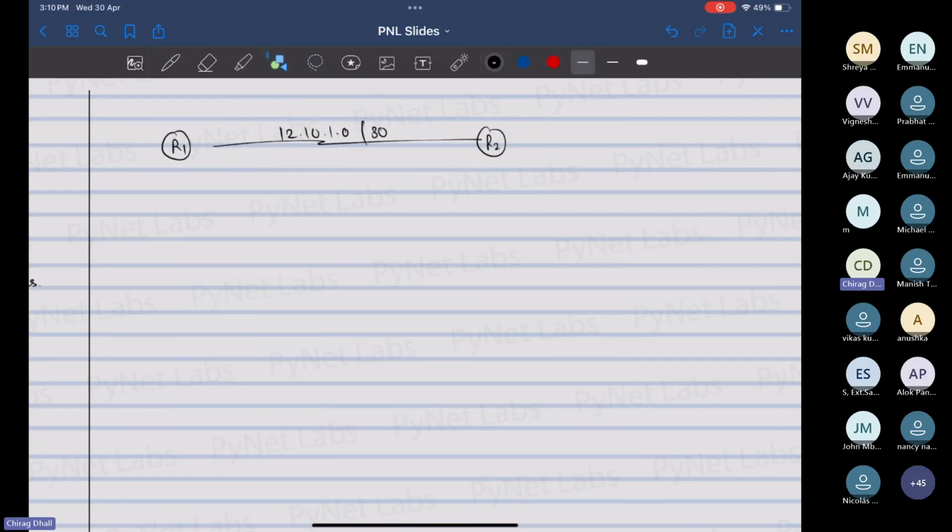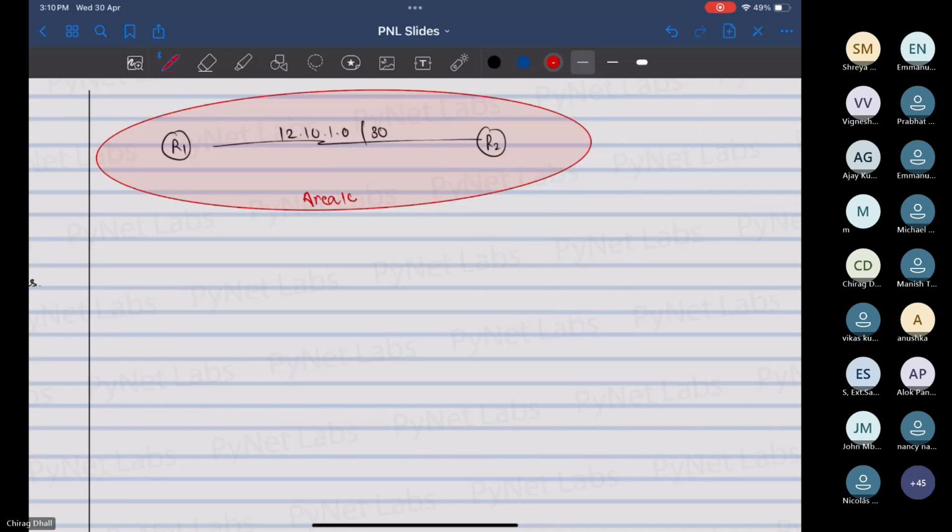So let's assume that they are participating in the same area 10. Third, their timers should be the same, which by default is going to be the same for both routers. The hello and dead time by default are 10 and 40 seconds respectively. So they'll be the same in the case of these two routers. And I fulfill all three criteria, so I can say my neighborship would come up.